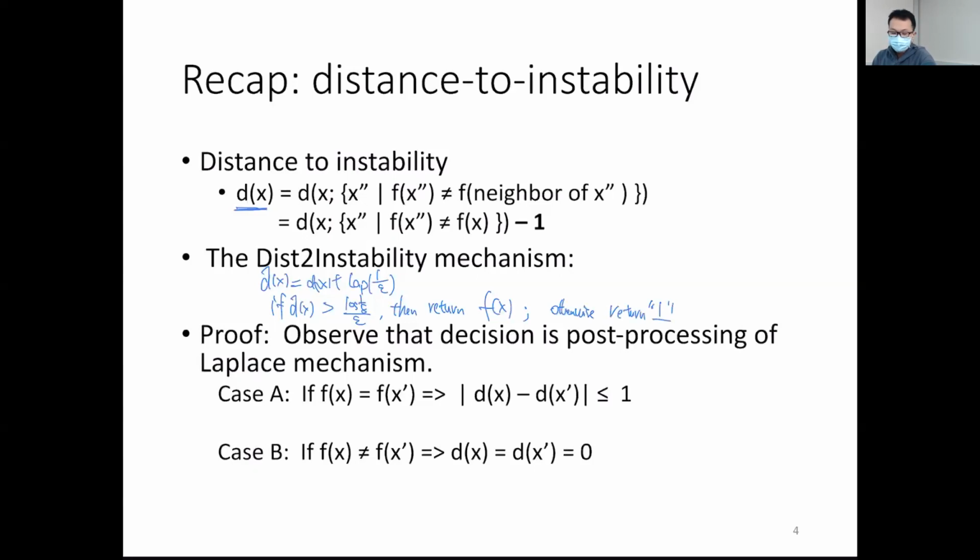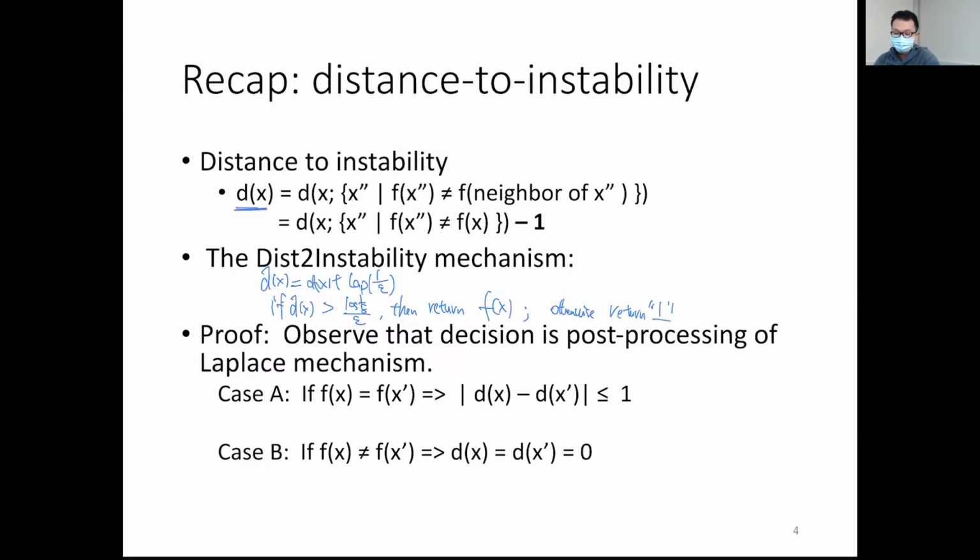Otherwise, just return perp, saying that this query is not stable, so I refuse to answer your question. Okay, we messed up this simple proof last time. Even though we fixed it, I think it's better that we cover it again. In order to prove differential privacy, we need to prove this epsilon-delta indistinguishability inequality for all neighboring data sets.